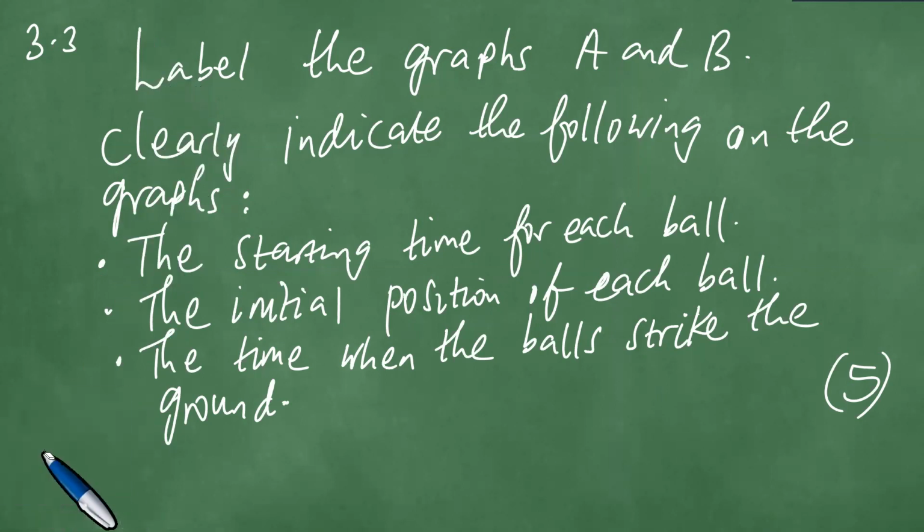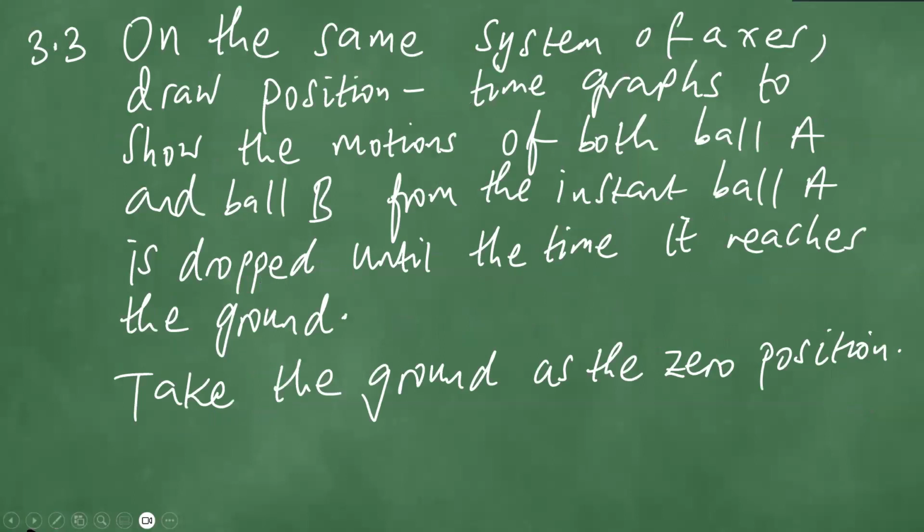Right, so let's continue. On the same system of axes, draw position-time graphs to show the motions of both ball A and ball B from the instant ball A is dropped until the time it reaches the ground.